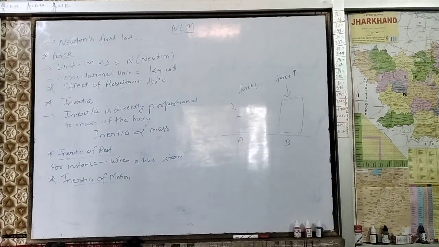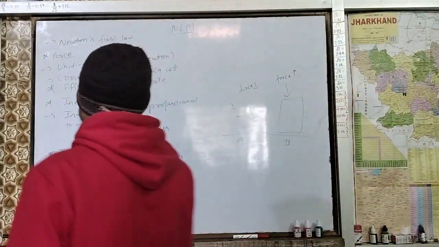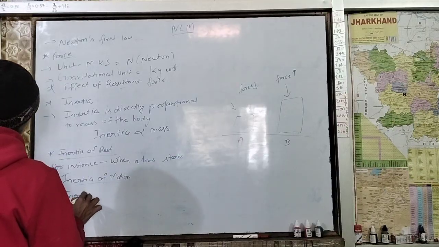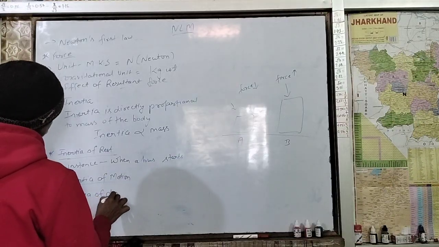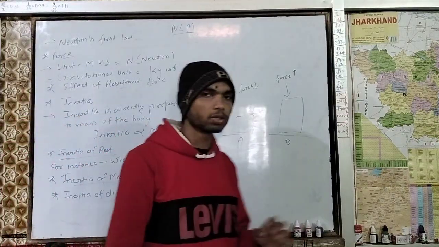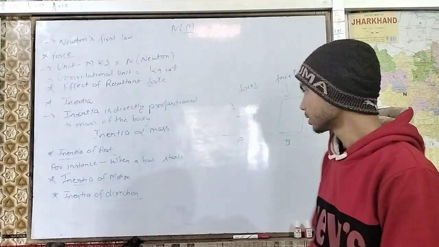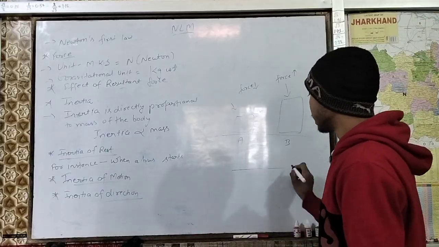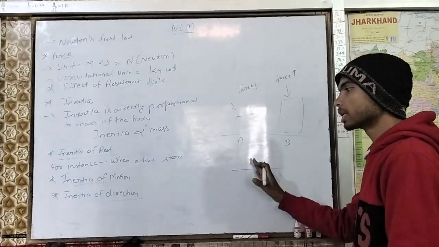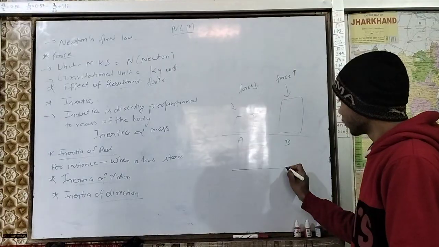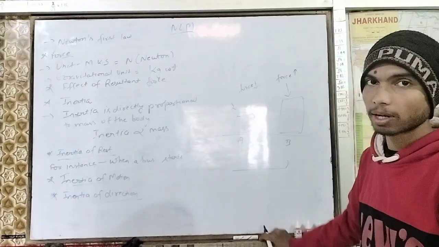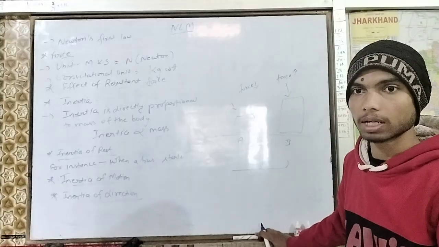Next we have inertia of direction. Inertia of direction means if a direction is given, there is one direction. Let's say this right straight direction. The object will be going in a straight direction. When we take a turn, what will happen? Of course, we will apply brake, then accelerator.